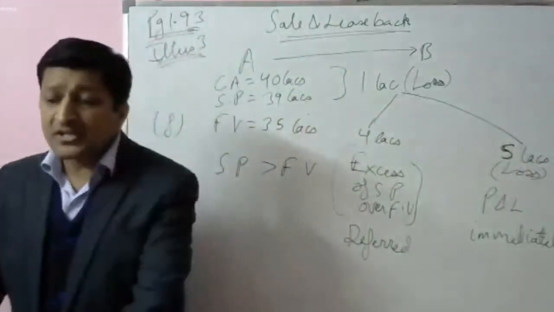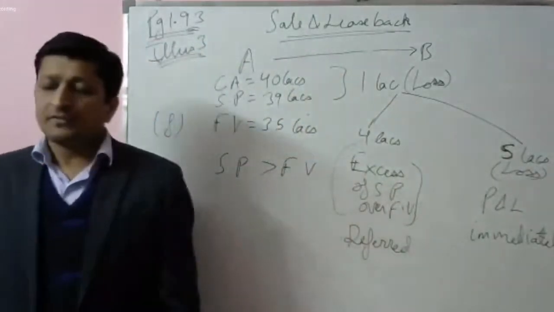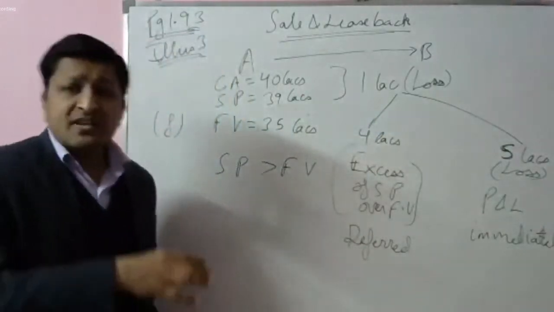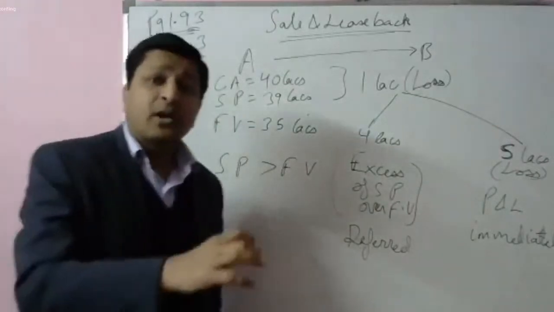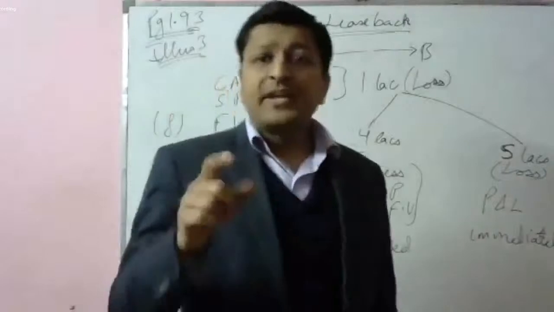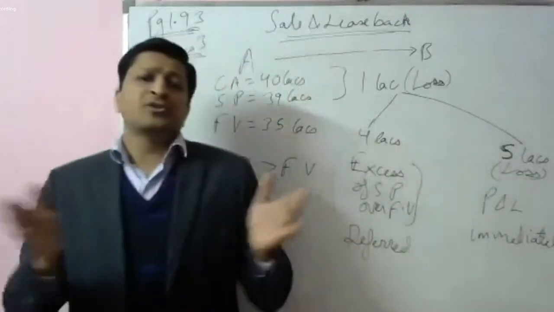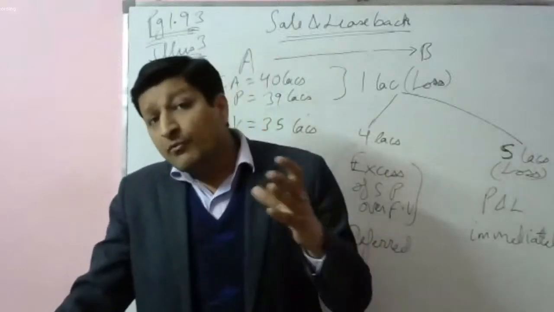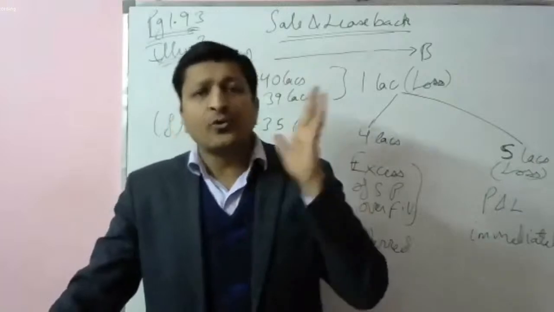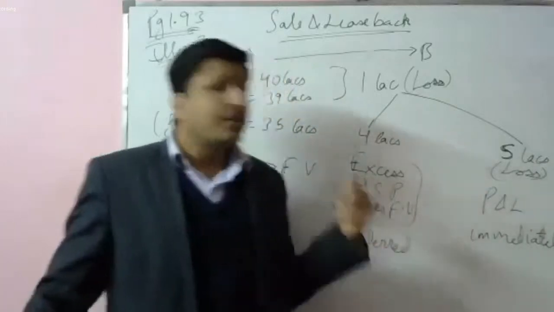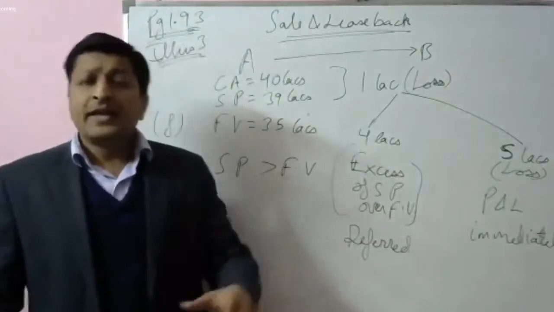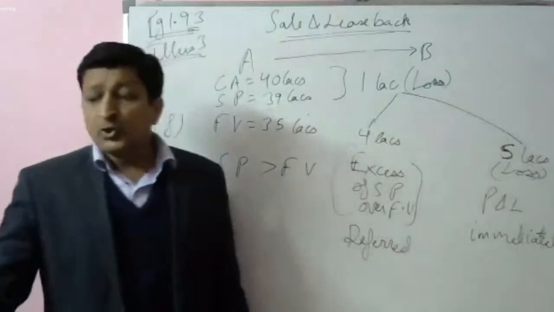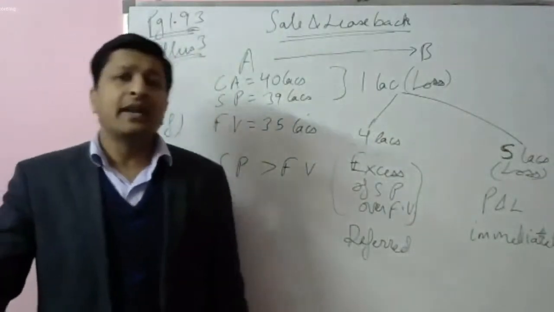So what I would suggest is that after the session, please revise this standard, particularly sale and leaseback. And when you revise this, just go through all of those situations theoretically, and then try to solve all of those questions on your own without looking at the solution. Even though we have solved these, it doesn't matter. You will automatically start getting clarity on this.